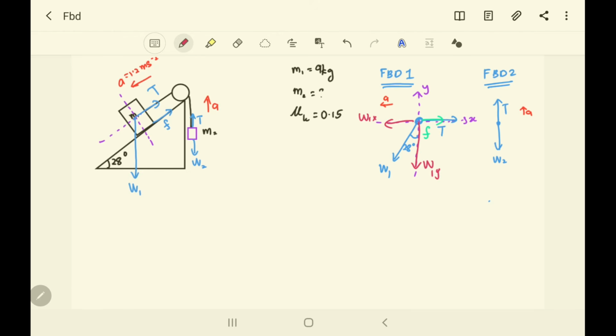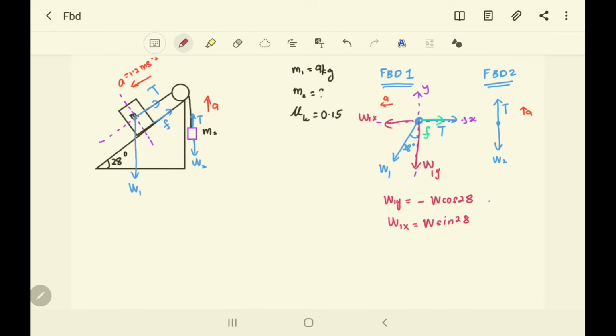W1y is downward, so negative W cos 28, and W1x is the same direction with the motion, so it's equal to positive W sin 28.